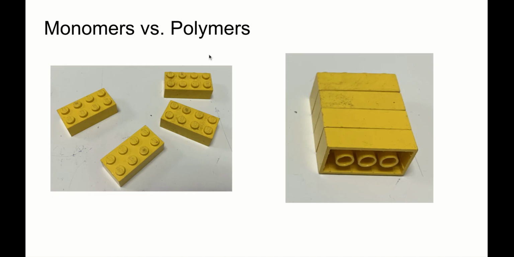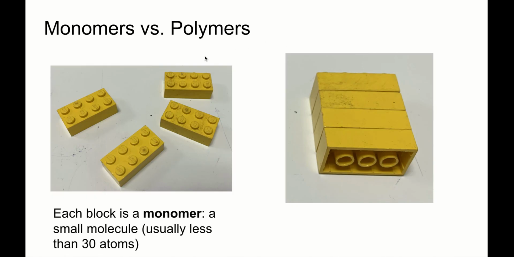So the next category of molecules we're going to talk about has to do with the structure of the molecules. On the left, I've got 4 Lego blocks, and each Lego block represents a monomer. A monomer, look at my definition on the bottom of the screen, is a small molecule. And when I say a small molecule, I mean usually less than 30 atoms.